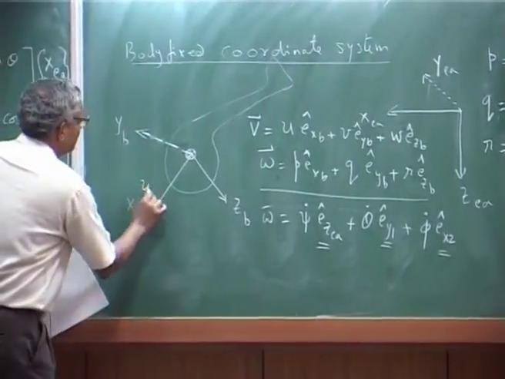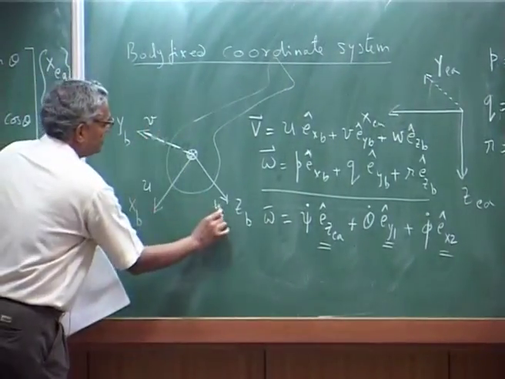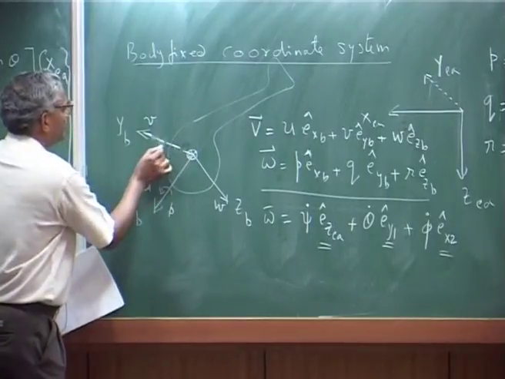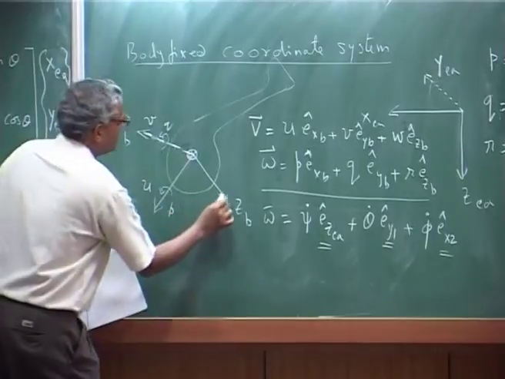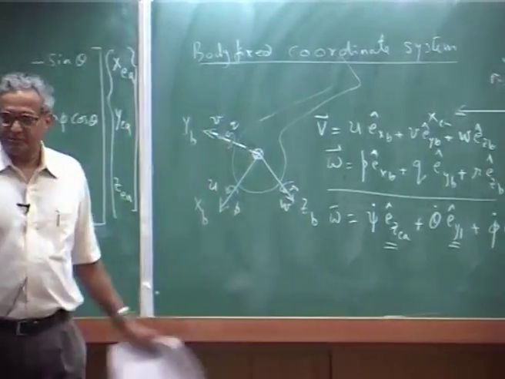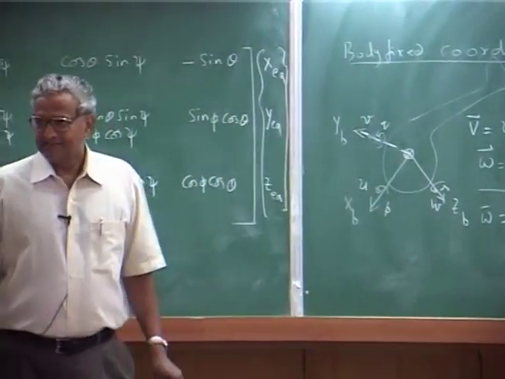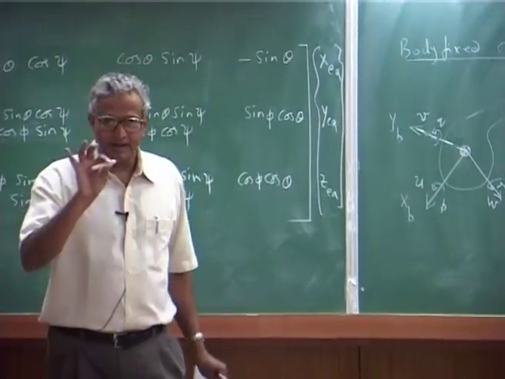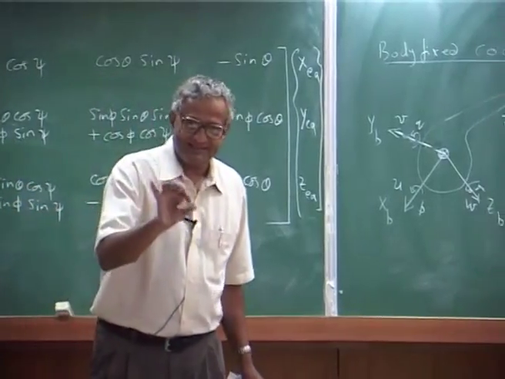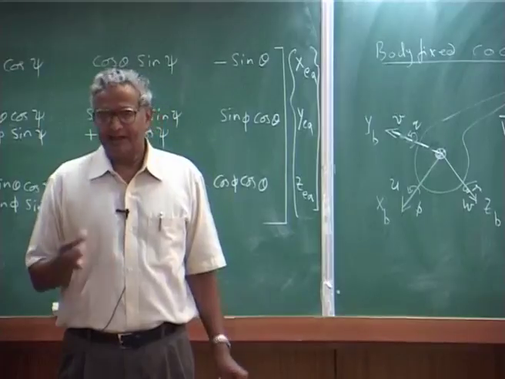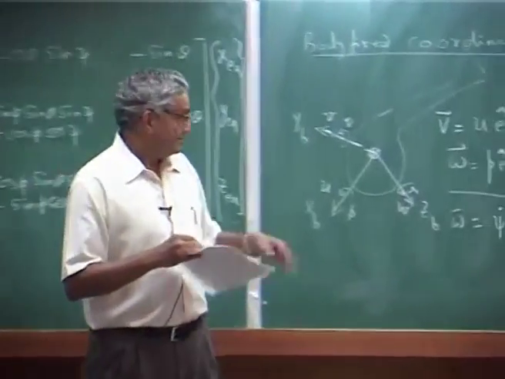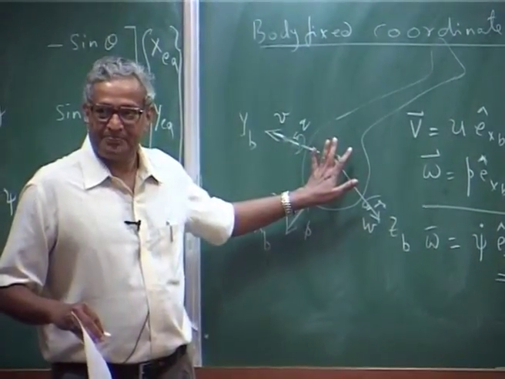That means, this is my u v w and you have p q and r. Okay. So, at a time I have a velocity of the body and the angular velocity of the body defined with respect to the body fixed system.